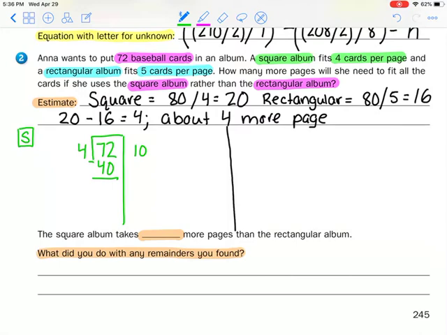And 72 minus 40 is 32. And I know that 32 is a multiple of 4 because 4 times 8 is 32. So she can fit all of her baseball cards in 18 pages exactly. And actually, let me write my unit. And again, I like to circle my answer so it doesn't get lost in all the math.